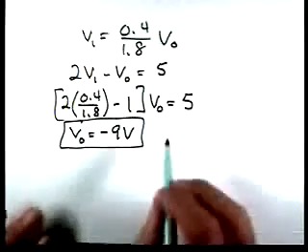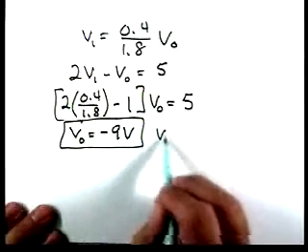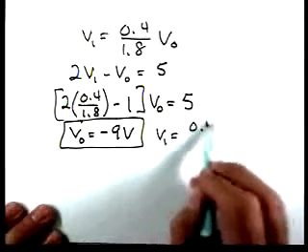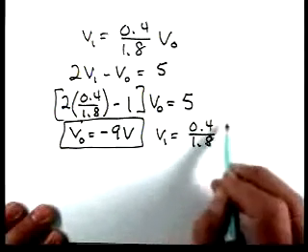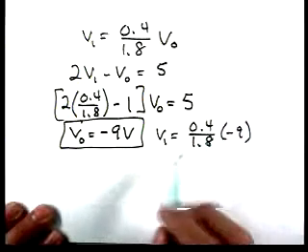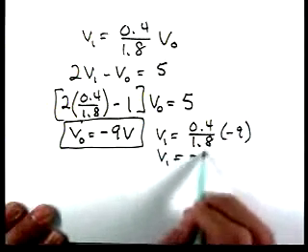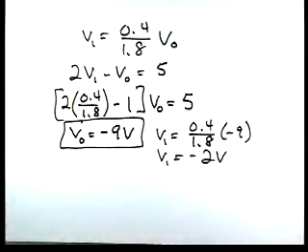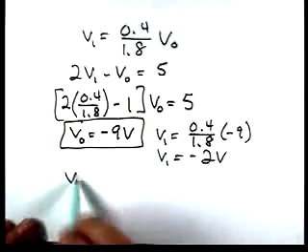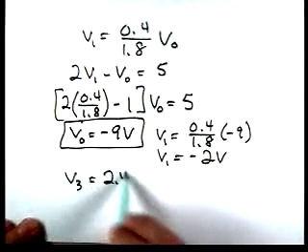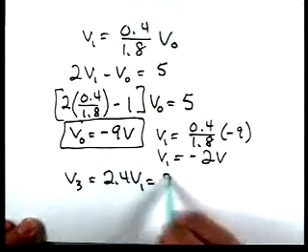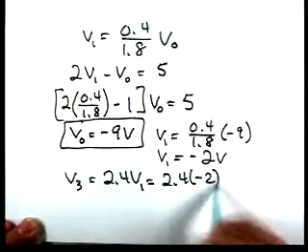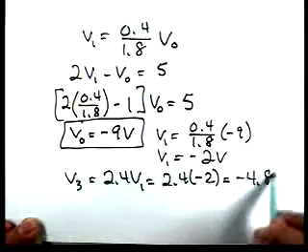So now calculating, we have V1 is 0.4 over 1.8 times minus 9, so that gives us V1 equal to minus 2. And we also have already derived that V3 is 2.4 V1, so that's 2.4 times minus 2, which is minus 4.8 volts.